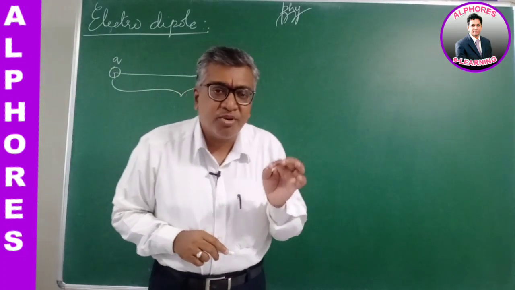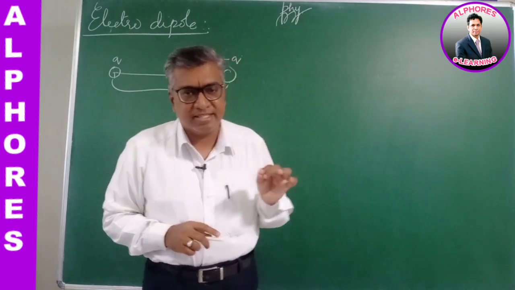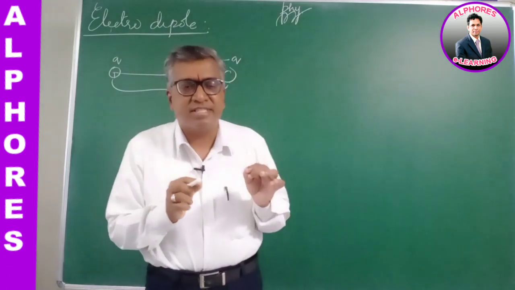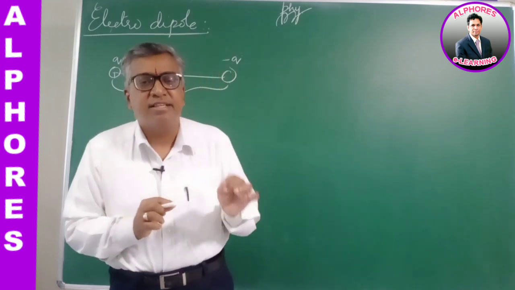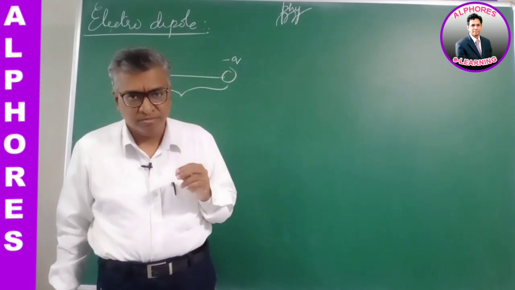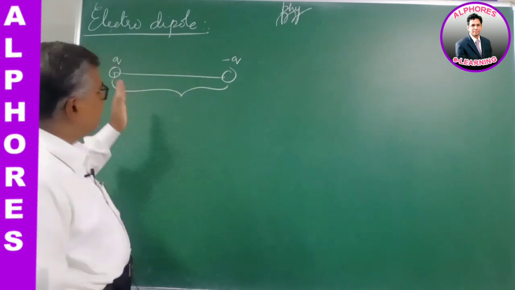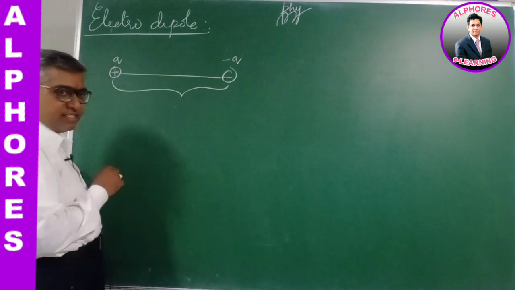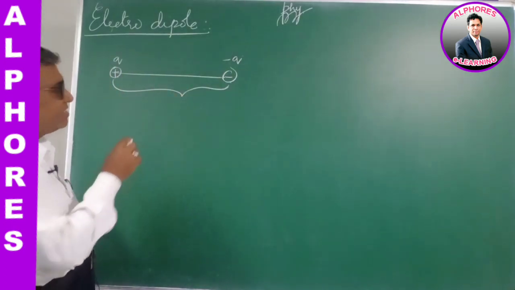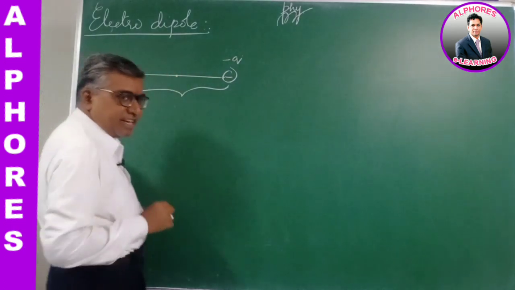The system of equal and opposite charges separated by a small and finite distance is called an electric dipole. It is a system of two equal and opposite, unlike charges separated by a distance.